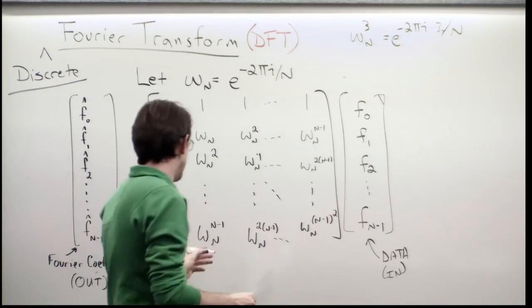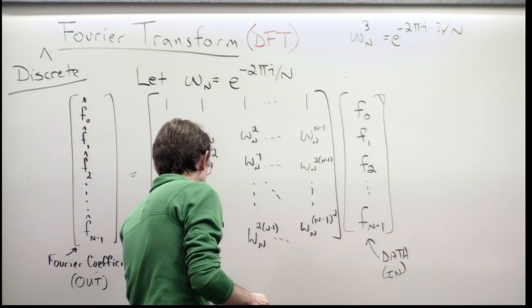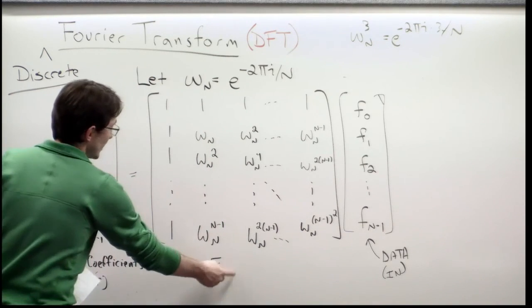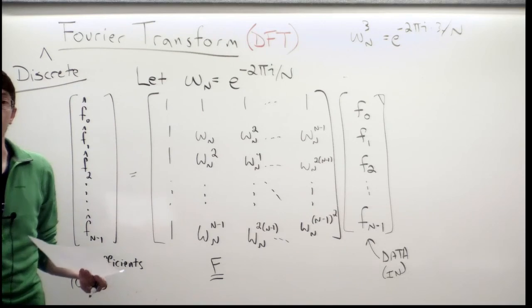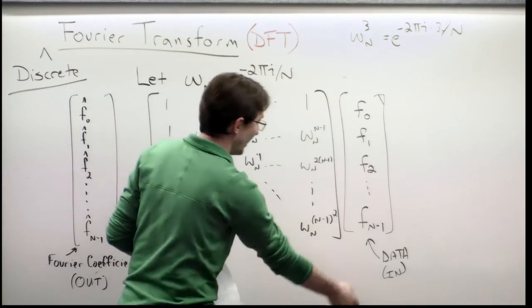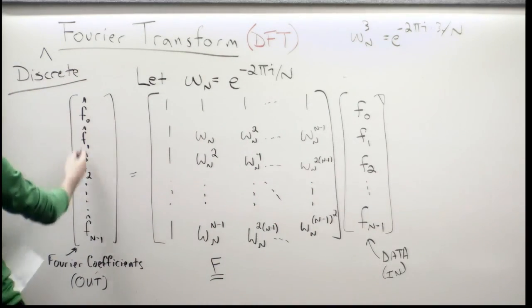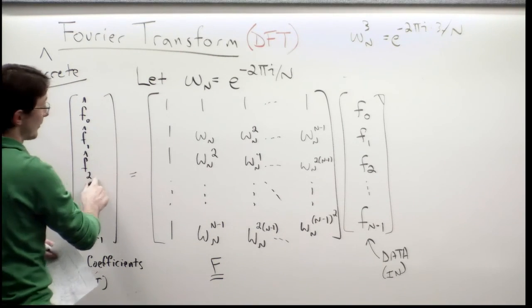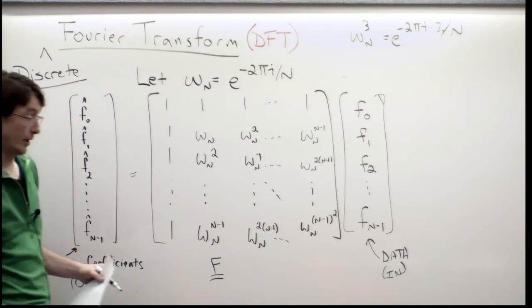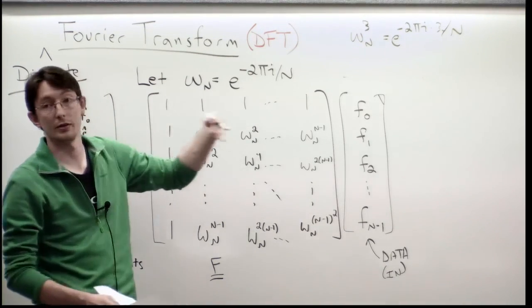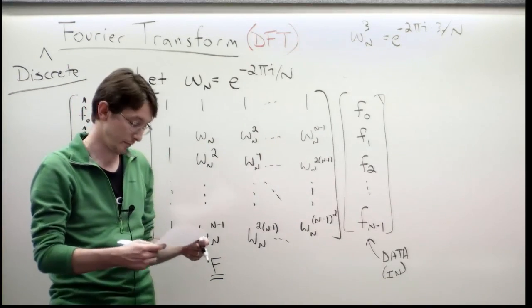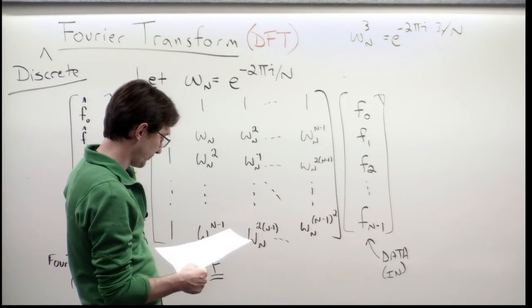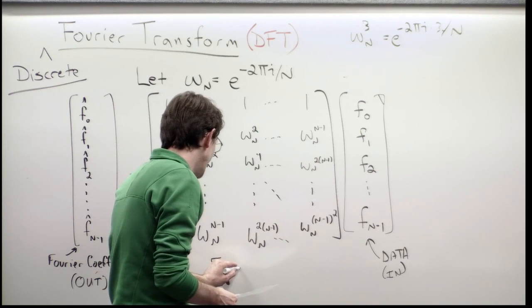This is a big matrix F, capital F, and this is what's called the discrete Fourier transform matrix. I literally multiply my data by a matrix, and it tells me how much of that signal is given by each frequency sine wave: omega, 2 omega, 3 omega, and so on. Incidentally, this is called a Vandermonde matrix.